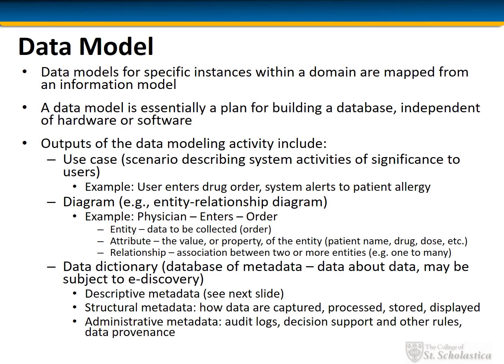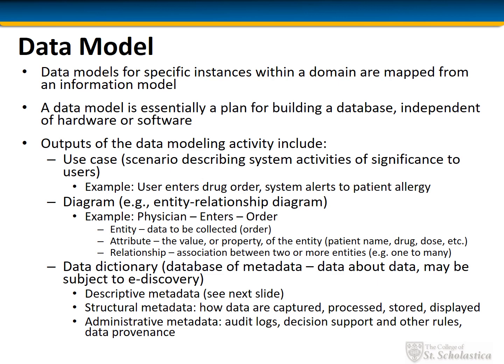A third output of data modeling is the data dictionary, often compiled into a database that provides data about the data, which we refer to as metadata. There may be three types of metadata described for every data element described in the data dictionary. Descriptive metadata provides definitional information, and we'll look at this in a moment. Structural metadata describe how data are captured, processed, stored, and displayed.